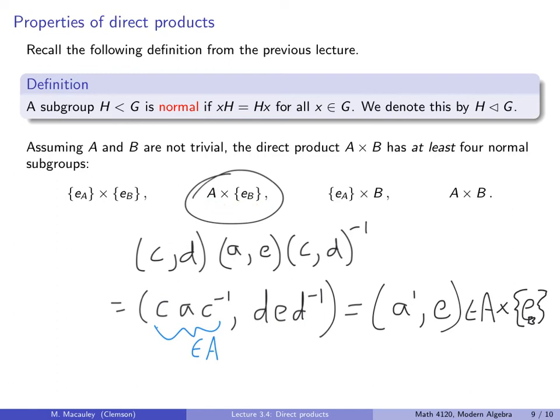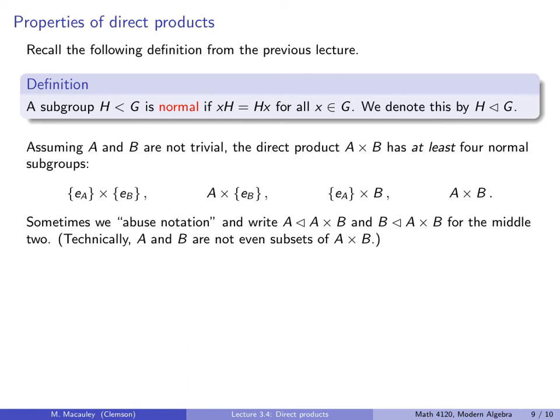Now remember which one of our 3 methods from the previous lecture we used. We took an arbitrary element in here, we conjugated it, and we showed that we ended up back in here.